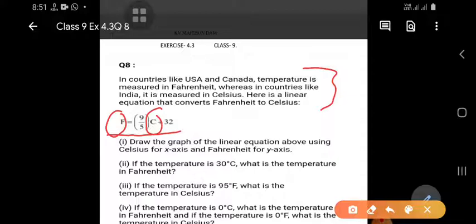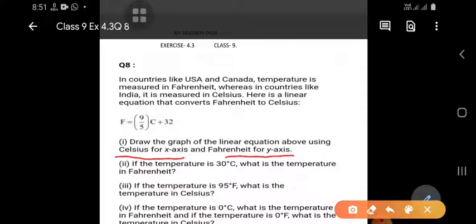Now we go for question number 1. Here you have to draw the graph, that means with the help of this equation you have to draw a graph using Celsius for x-axis and Fahrenheit for y-axis.